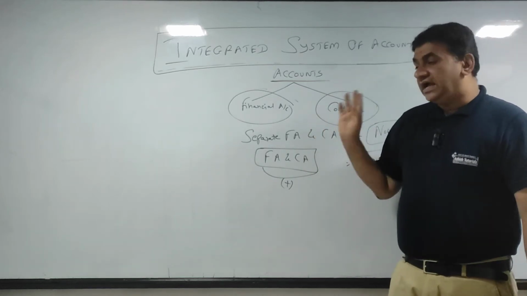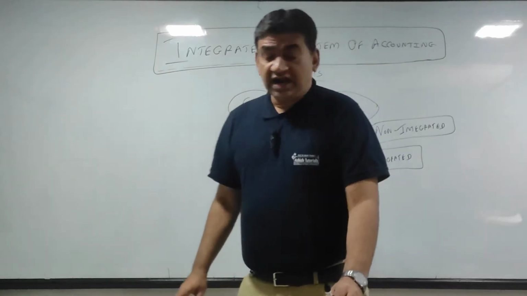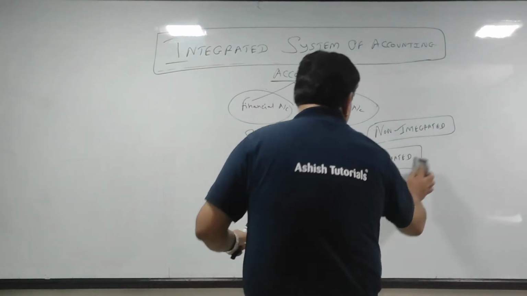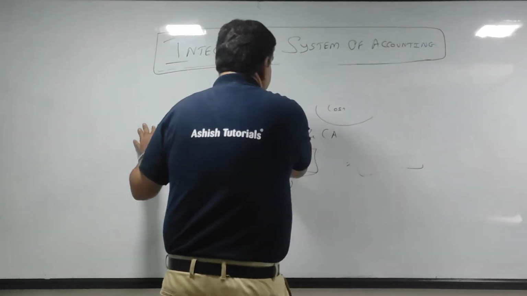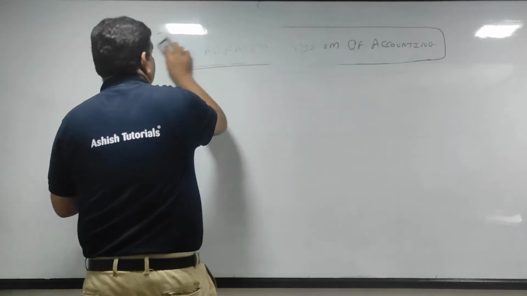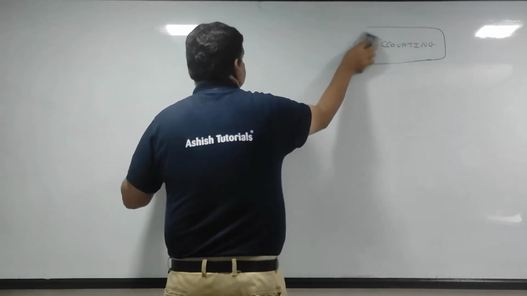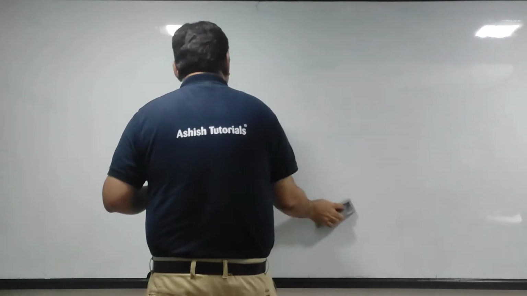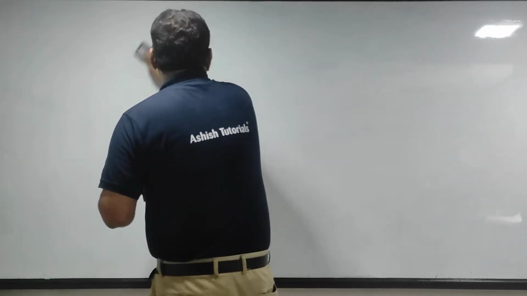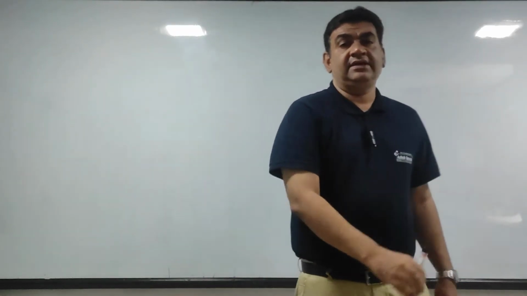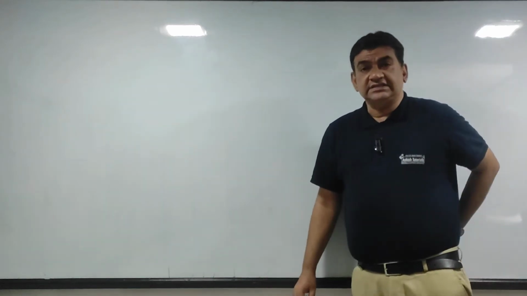Okay? Now, before I start that, let's understand the manufacturing process, because in this chapter and the next chapter both, there are journal entries. There are ledger accounts also, but for ledger you first have to make the journal.